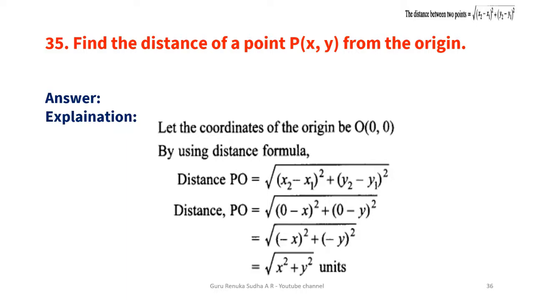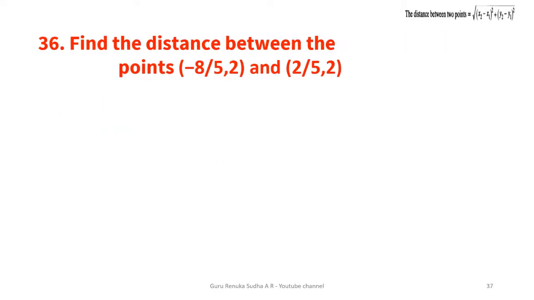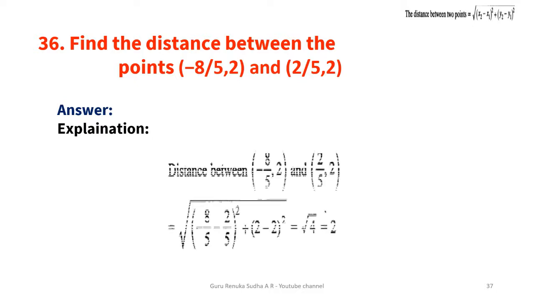So in that way you can calculate. 36th question: find the distance between the points (-8/5, 2) and (2/5, 2), with coordinates like that. They are making the problems tougher and tougher. Be very careful while cross multiplying, dividing and adding. We have to observe the LCM and you have to calculate.